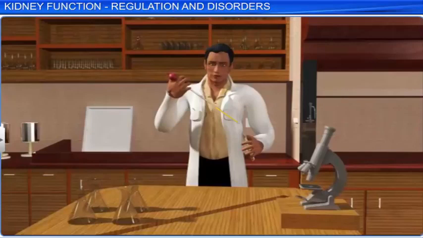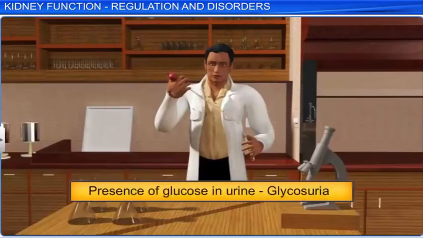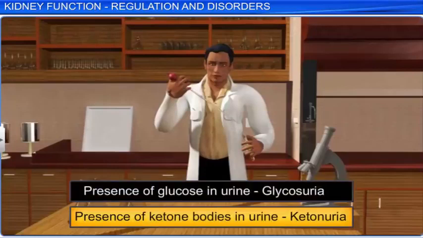In fact, a urine test helps to diagnose many metabolic disorders in the body and any malfunction in the kidneys. For instance, the presence of glucose in urine, which is called glycosuria, is indicative of diabetes mellitus. Moreover, the urine of diabetic patients sometimes shows ketone bodies, which is called ketonuria.